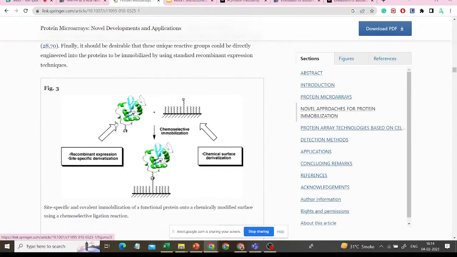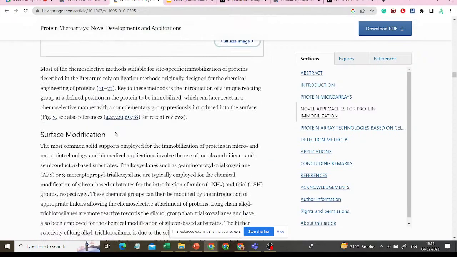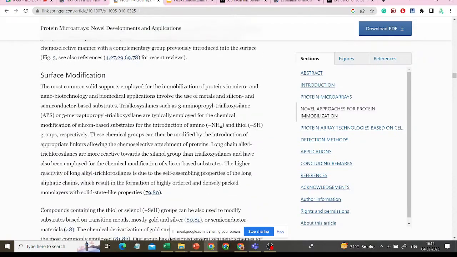So, recombinant expression, site-specific derivatization, chemoselective immobilization. Then there are the protein microarray surface modifications.